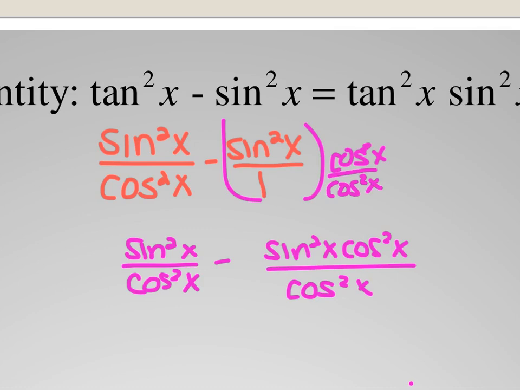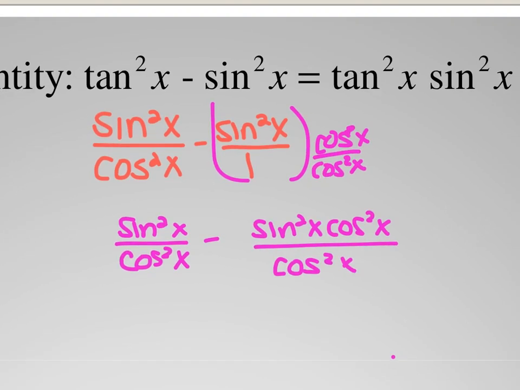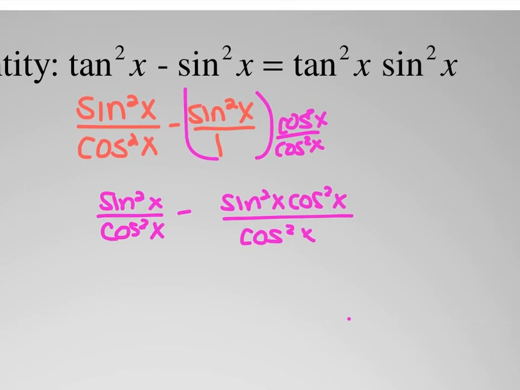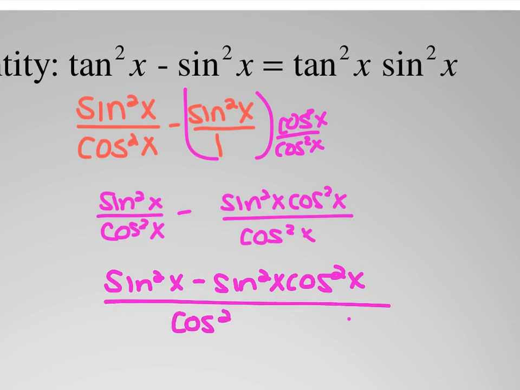So I multiplied both the top and the bottom. Now my denominator is the same, so I get sine squared x minus sine squared x cosine squared x all over cosine squared x.